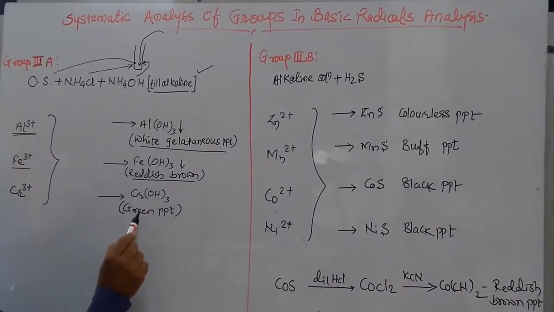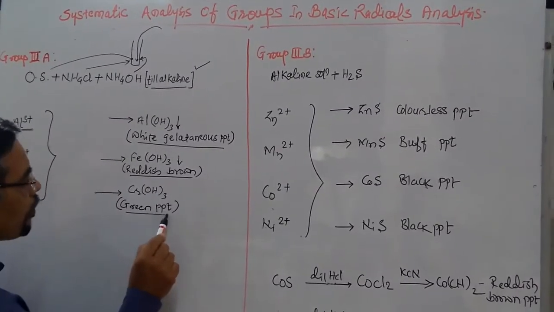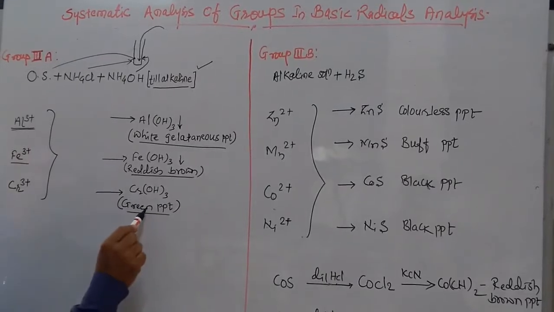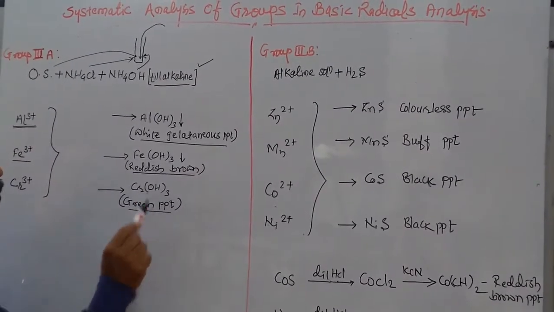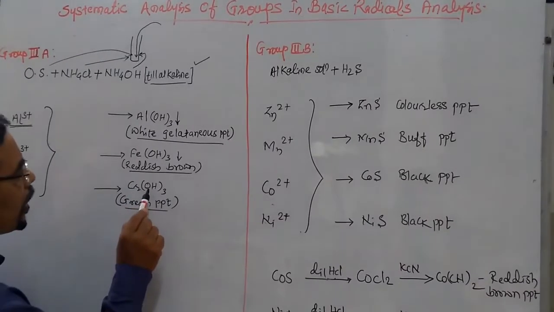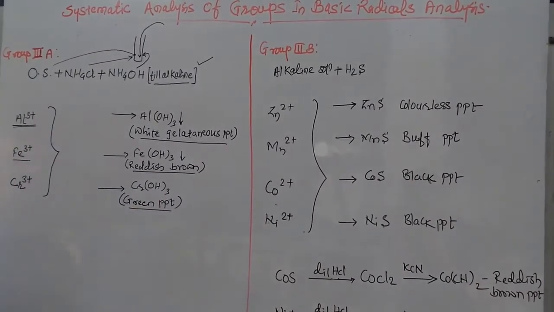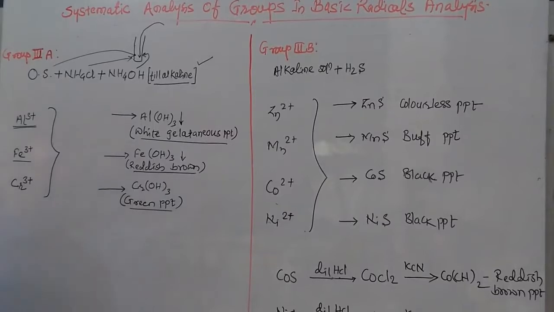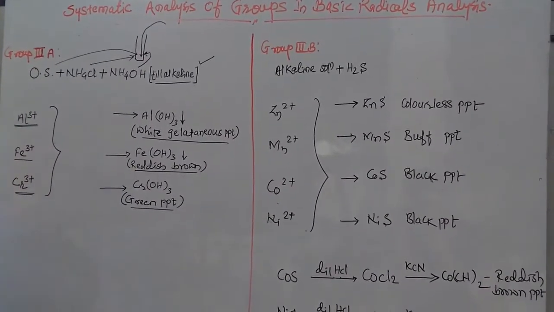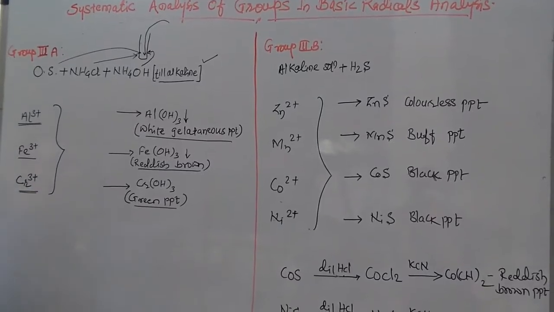And if in the alkaline solution there is a formation of green precipitate, that indicates the precipitate of chromium hydroxide having formula Cr(OH)3. So this green colored precipitate indicates the presence of Cr3+ radical.